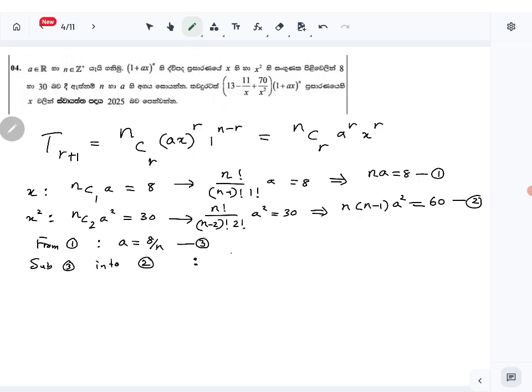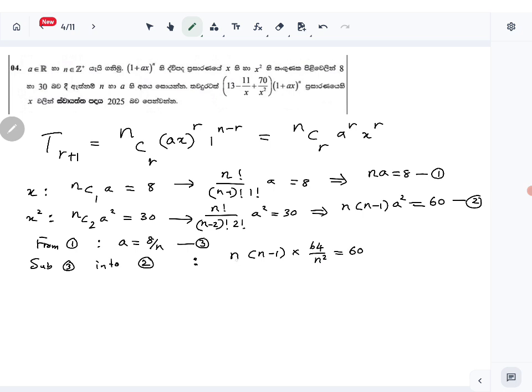So what do we get? n into (n minus 1) into 64 over n squared, which is (8 over n) squared, I will just write it as 64 over n squared, simplified version. 64 over n squared equal to 60.